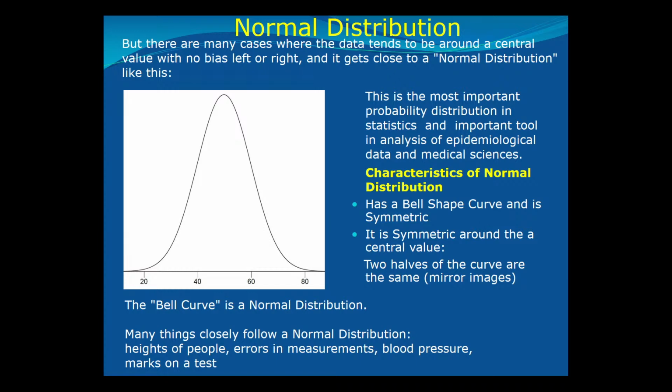Normal distribution is the most important probability distribution in statistics and an important tool in analysis of epidemiological data and medical science. Look at the characteristics of normal distribution. Normal distribution has a bell-shaped curve and it is symmetric around the central value. Two halves of the curve are the same, mirror images.